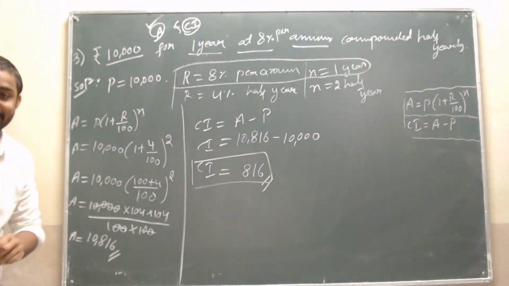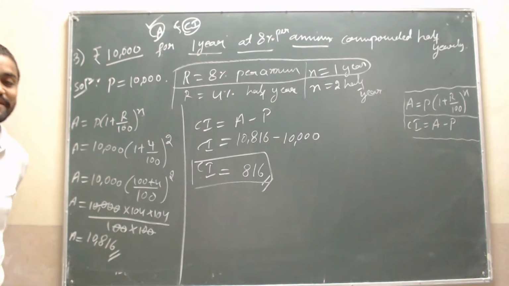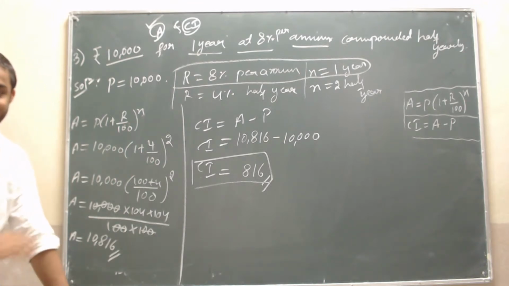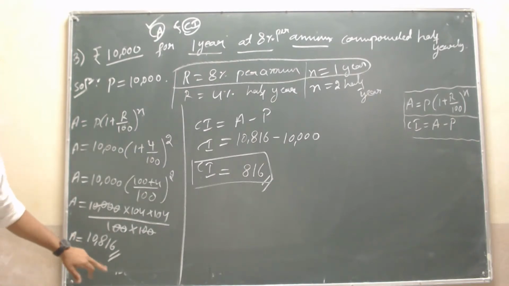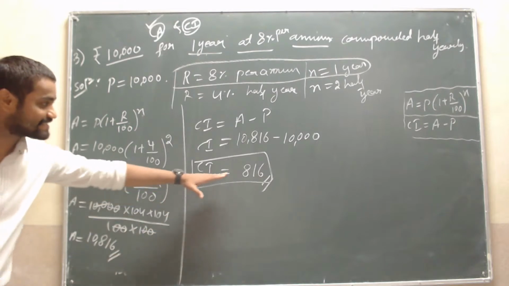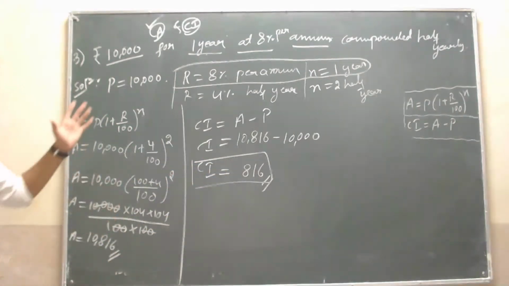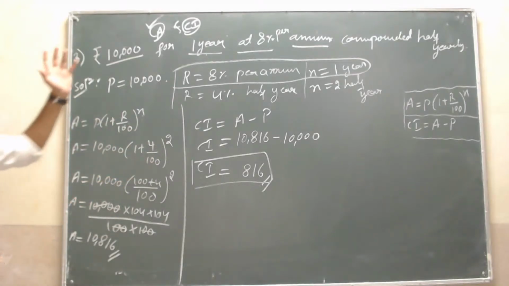Very good, Pragna. That is 816 rupees is the compound interest. Yes, Sharada and Bharat, that is 10,816 rupees is the amount, students, and 816 rupees is the compound interest. Is it clear? This is the method to solve these type of problems.